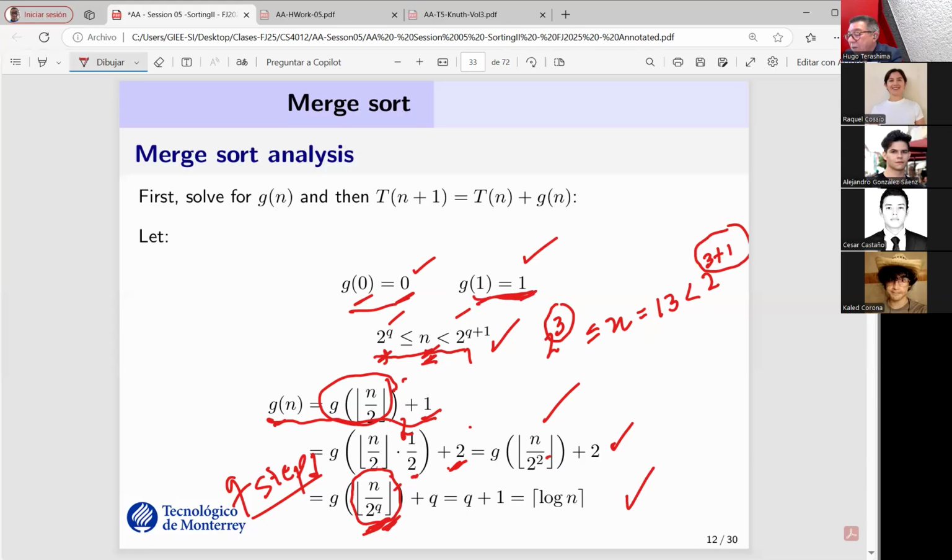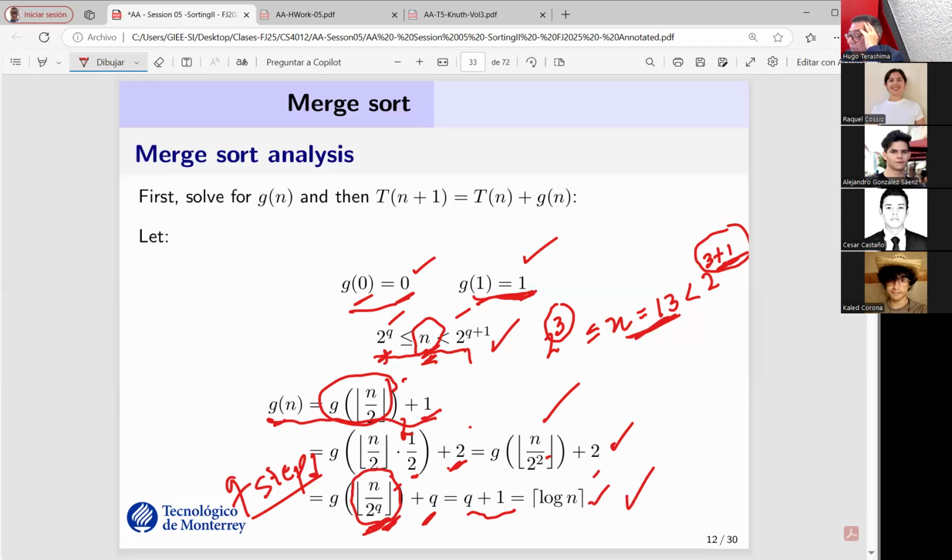And that's the reason you're going to do Q steps, and at the end, you're going to have Q plus 1. If you get the log of n of this number, 13, what are you going to get? The log of n ceiling, right?